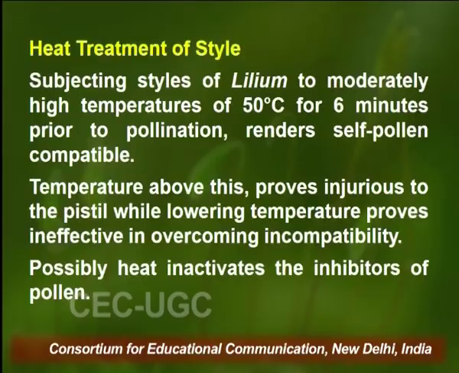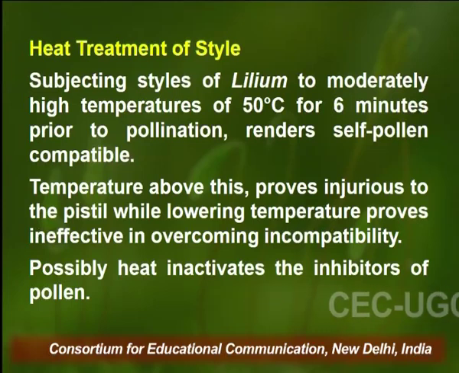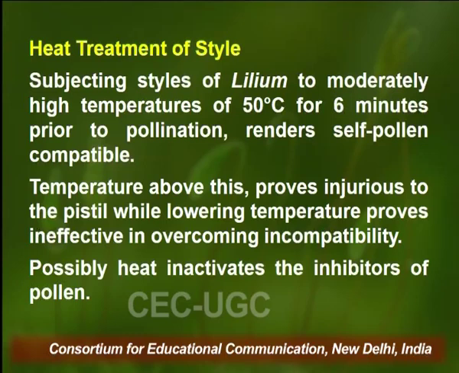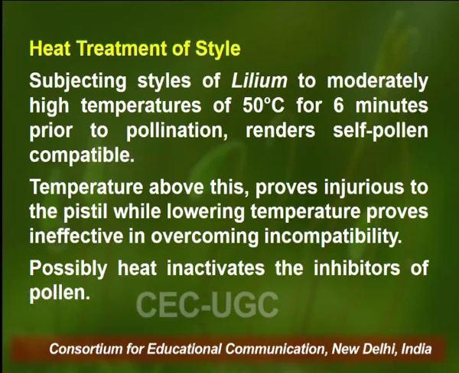And then there is application of calcium channel blockers on the stigma, which allow pollen grains to grow tubes down the style and to the ovary. And then there is heat treatment of the style. Now, it has been reported that if you subject the styles of Lilium to moderately high temperatures of 50 degrees for up to 6 minutes prior to pollination, this will render self-pollen compatible.